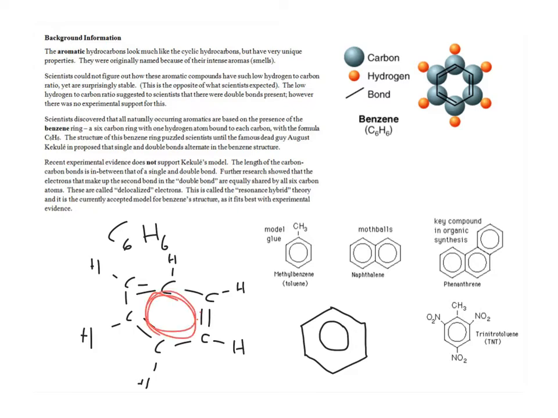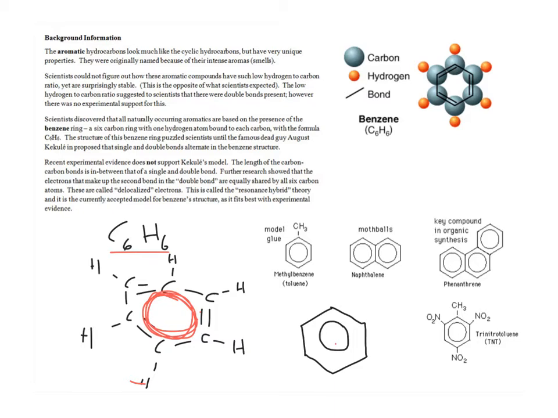So they're shared amongst all of those carbons. So this is the structure for benzene, and you might see it those different ways. You might see C6H6, you might see it as an alternating ring with double bonds, or you might see it as a hexagon with a circle inside. These are all different ways to communicate an aromatic compound.